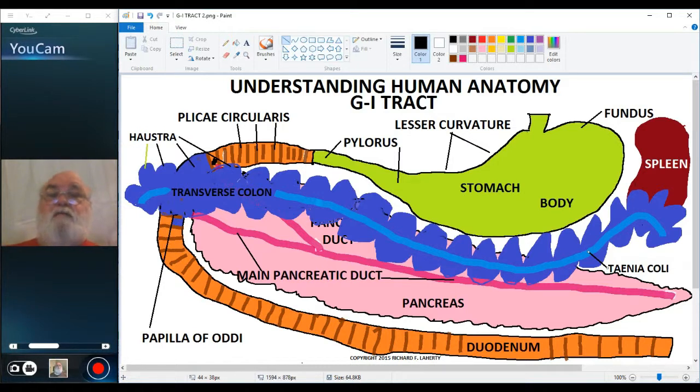So as I said, there's 3 of them, but they're not visible in this view. So now we have the transverse colon and the taenia coli.